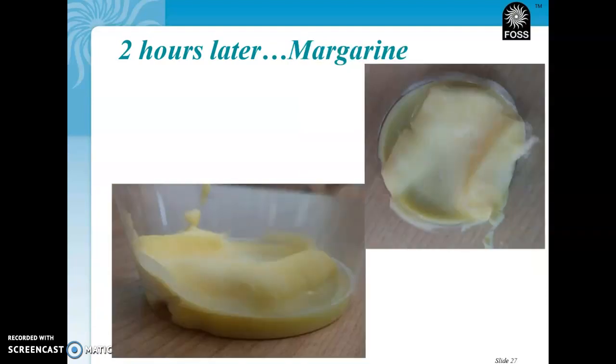Here's the margarine. As you can see from the bottom of this photo, the margarine had completely changed its shape, took on the shape of a container. So it was once liquid, then it froze in that state, which now it would no longer return to its original shape. It now took on the shape of the cup that it was in.